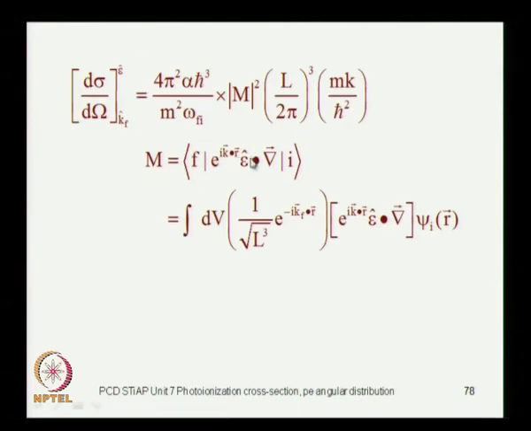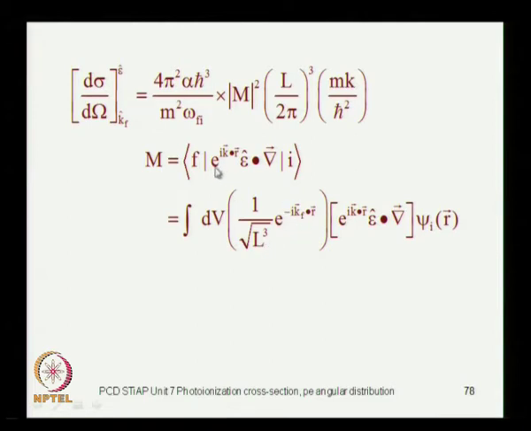Now, notice that this matrix element is essentially a space integral. This is the Dirac notation. It is essentially an integration over space. So, let us write this explicitly as a space integral, and now you have the continuum state, which is again box normalized. So, you have got the 1 over root L cube coming for this.